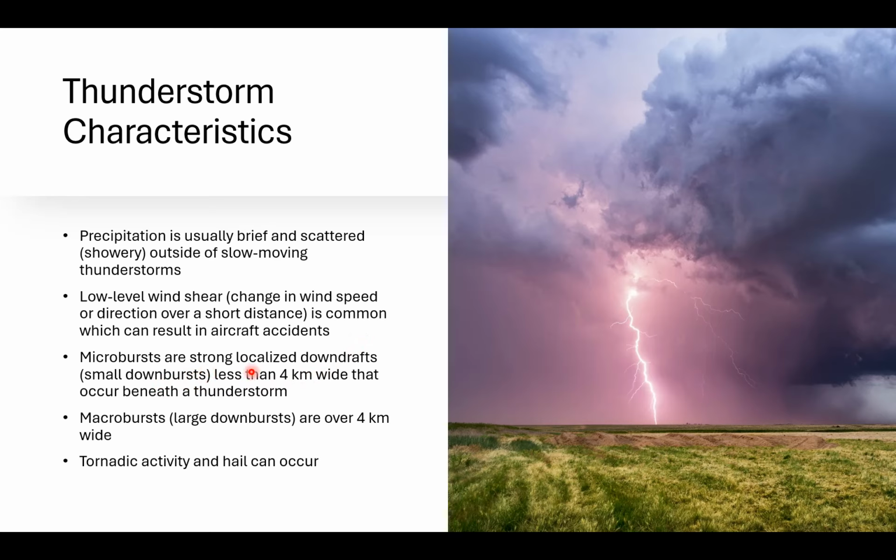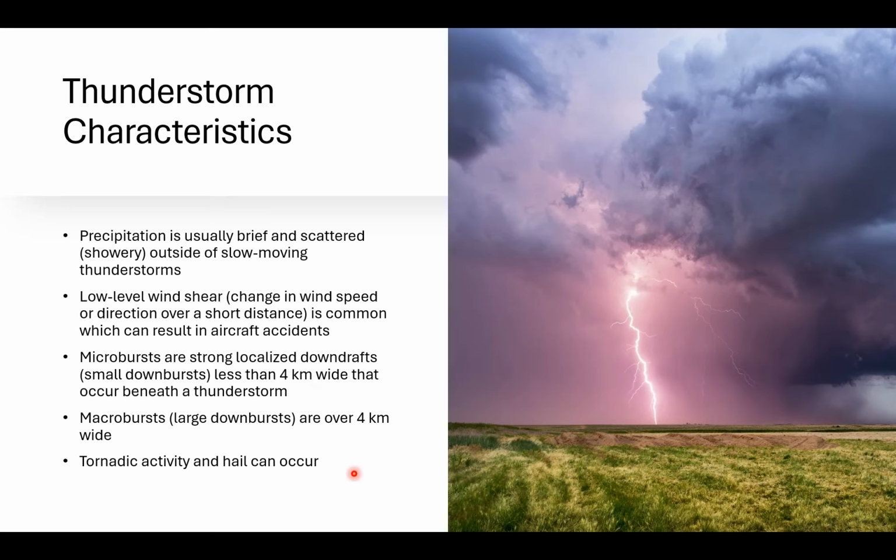Microbursts are strong localized downdrafts. When we say micro, we're thinking smaller here. So a microburst is a type of localized downdraft, relatively small, less than 4 kilometers wide, that occurs beneath a thunderstorm. Macrobursts, macro being large, a large type of downburst, are over 4 kilometers wide. So to determine between a microburst and a macroburst, you really look at how wide these particular downdrafts are.